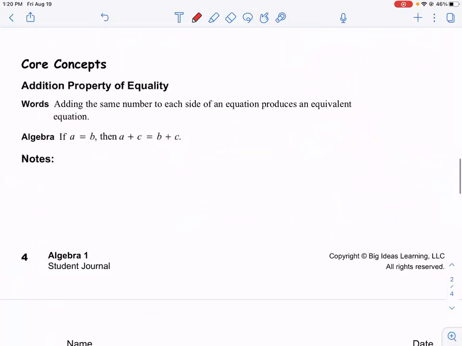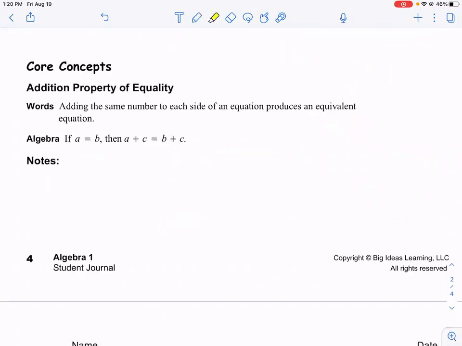So here we go. With your highlighter, highlight these two things right here. The addition property. If I have an equation, we can add the same number to both sides and we still have equality. Notice how A equals B, but I can add C to both sides and we're still okay.